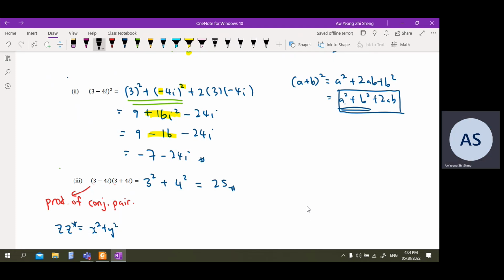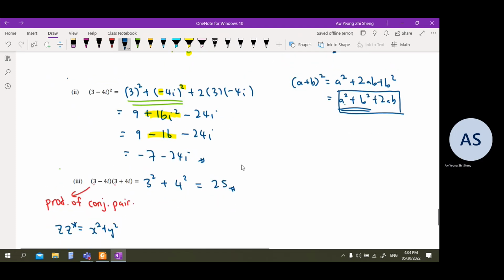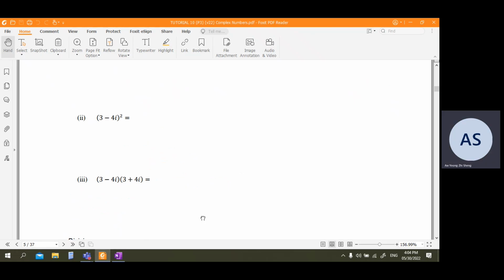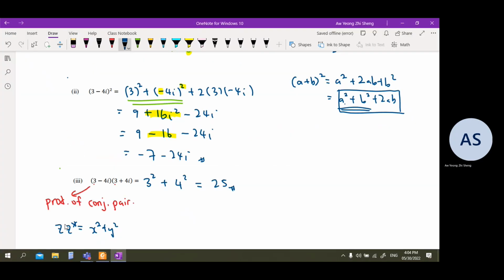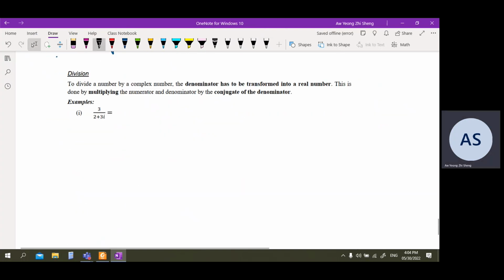Next, we'll move on to division. Okay, so this part says to divide a number by a complex number, the denominator has to be transformed to a real number.